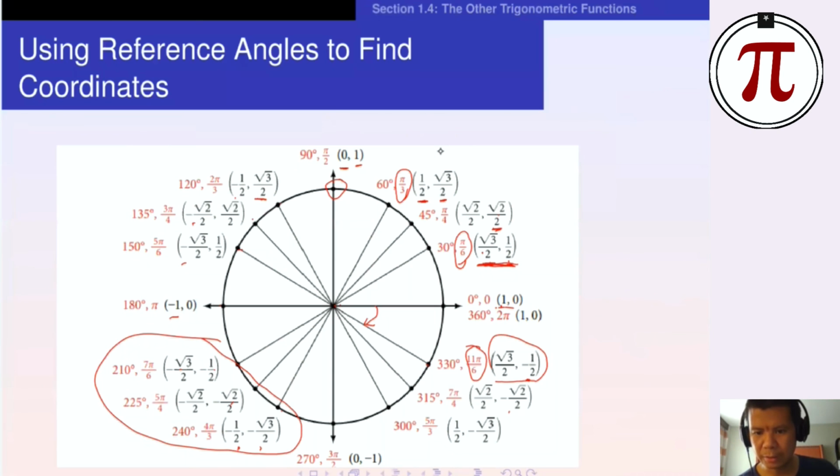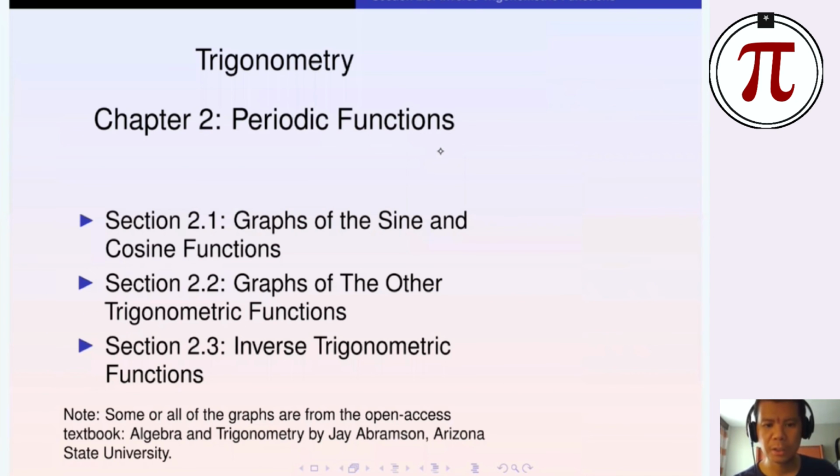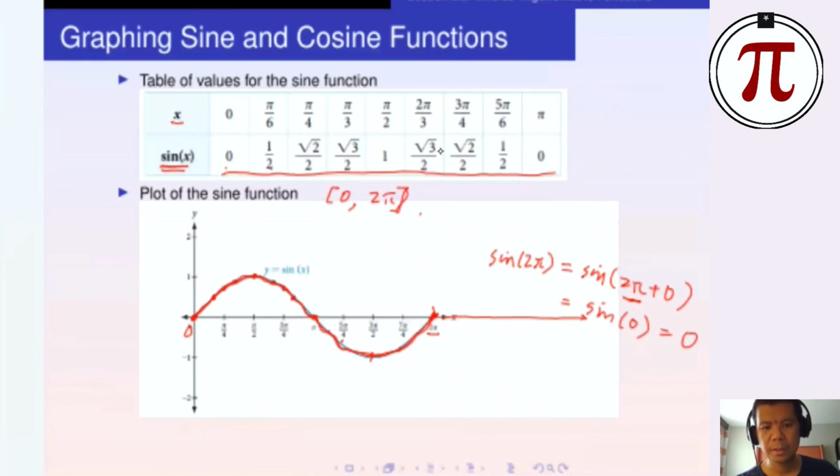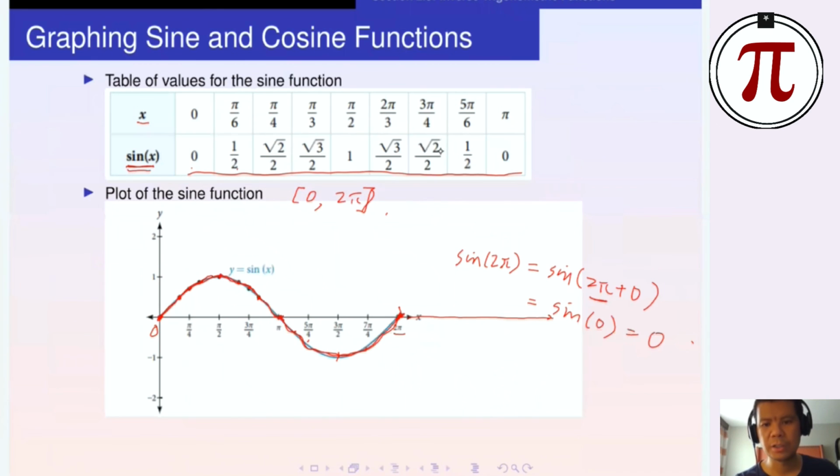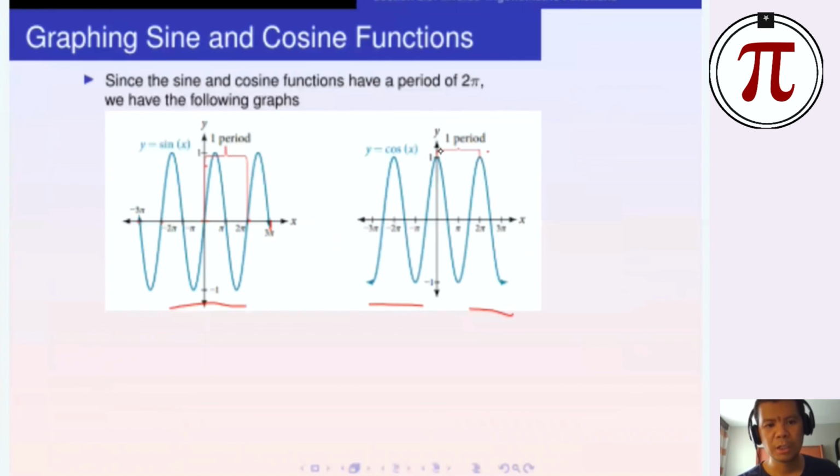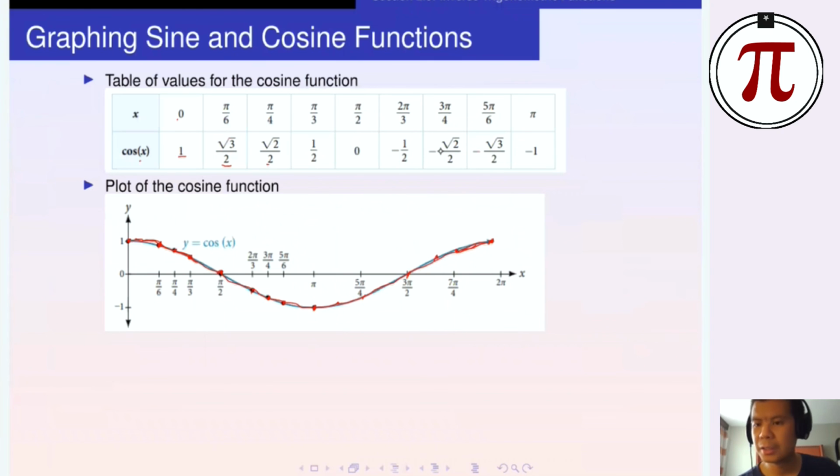Cosine 0 is the x coordinate. So cosine of 0 equals 1. Here we learned for the cosine function, this is sine. Sine of 0 is 0, but for cosine, cosine of 0 is 1.